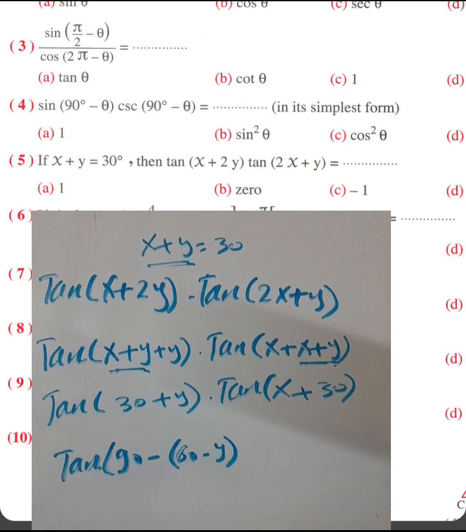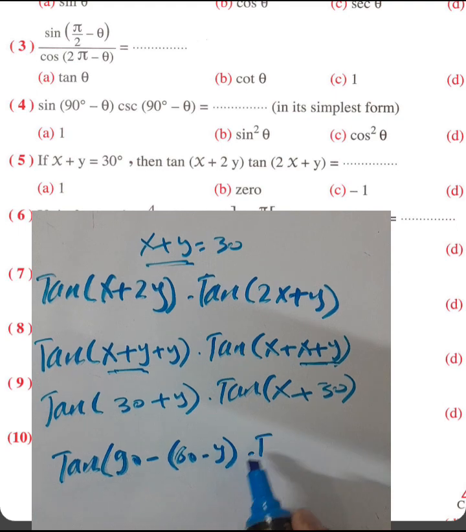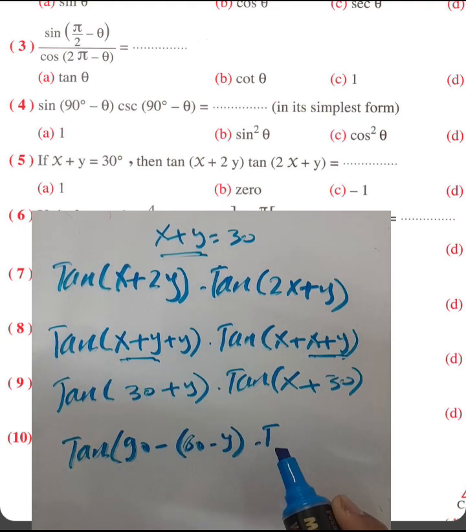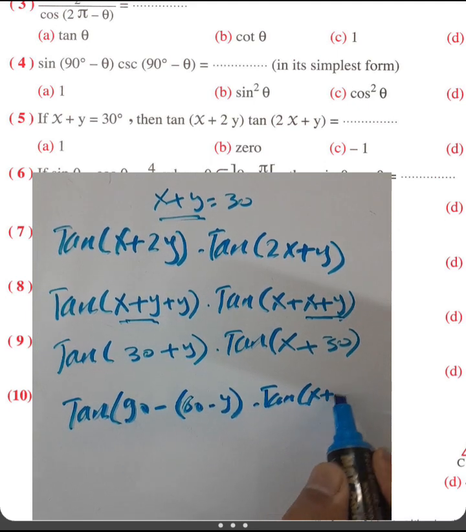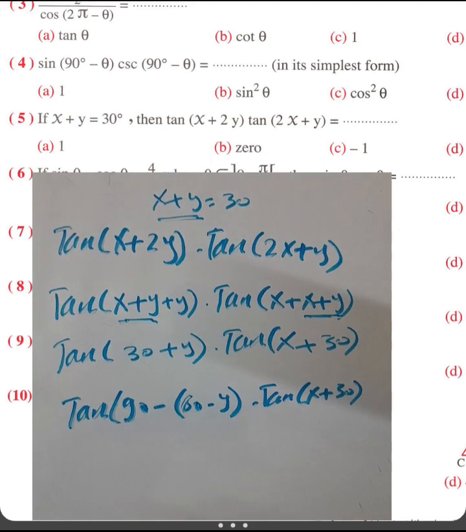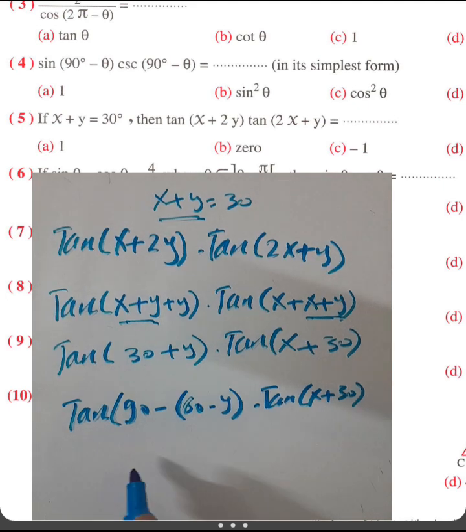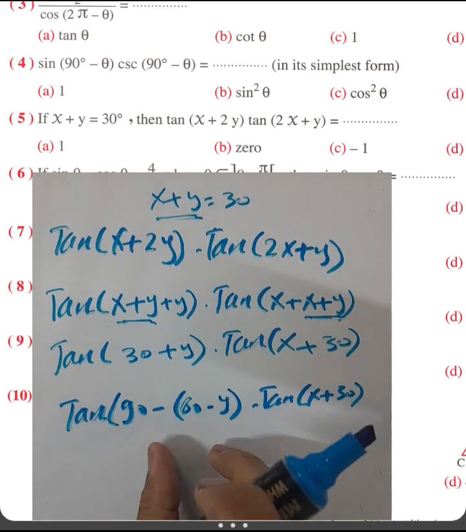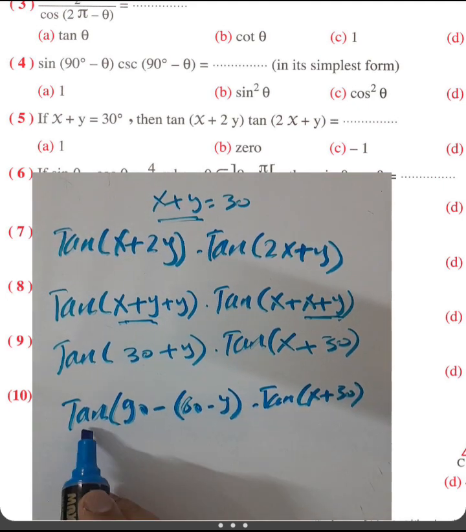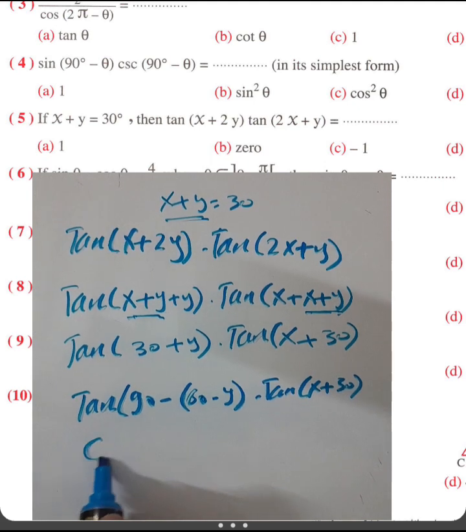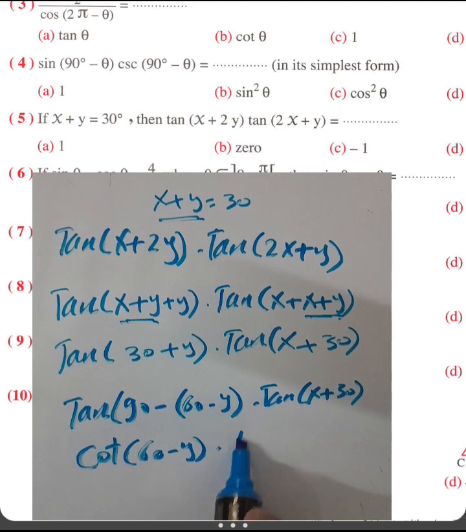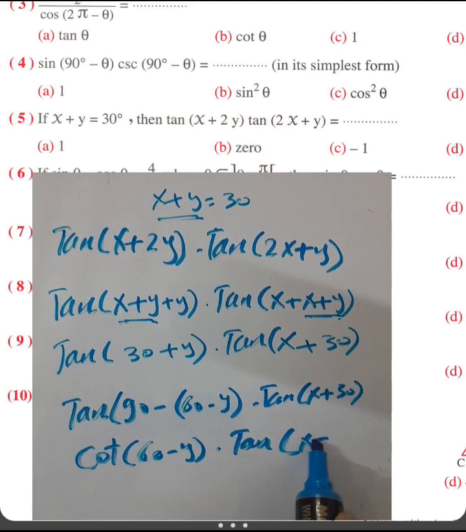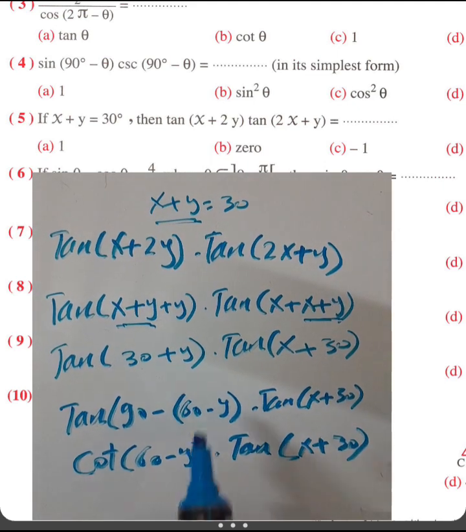Then the result will be tan(30 plus y) product by tan(x plus 30). And then here you can write tan of an angle subtracted from 90, lies in the first quadrant, so convert tan to cotan: cotan(60 subtract y) product by tan(x plus 30), and then you can cancel y here.